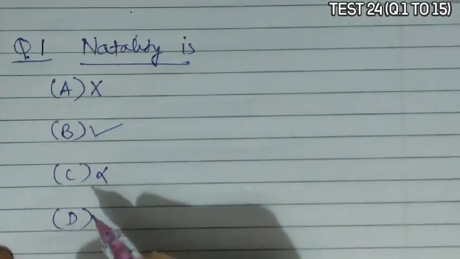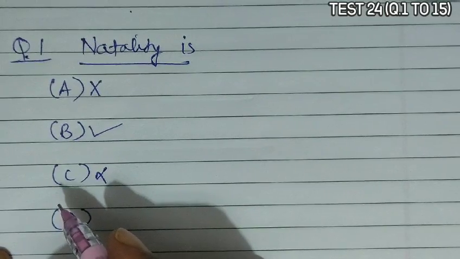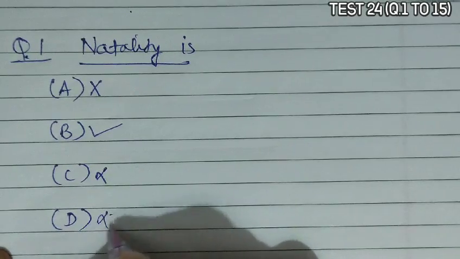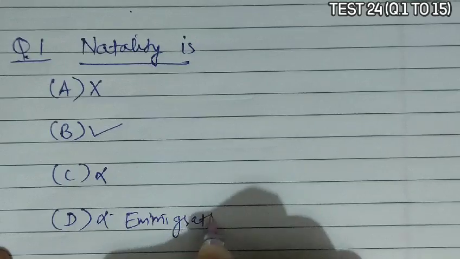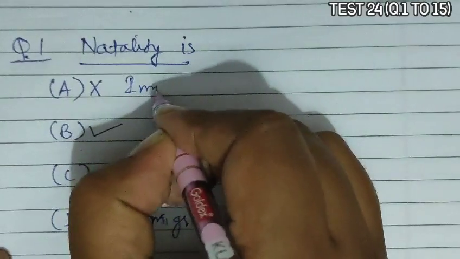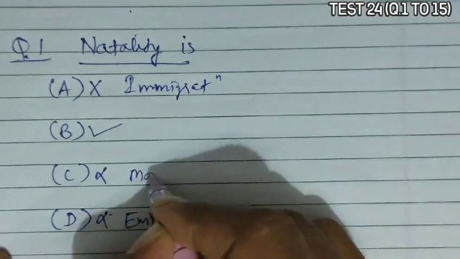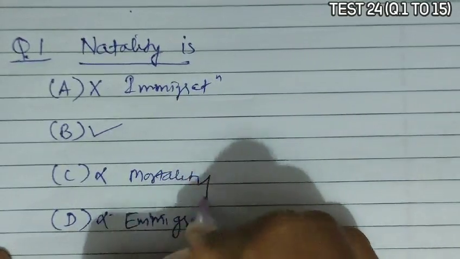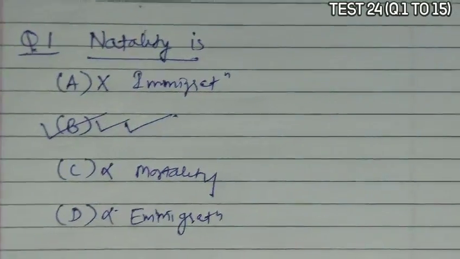And D is given as the number of individuals of the population who left the habitat and gone elsewhere, so it is talking about emigration. Option A is talking about immigration, and C is talking about mortality. So for natality only B is talking, so B is the correct answer.